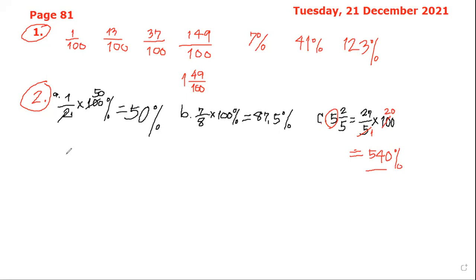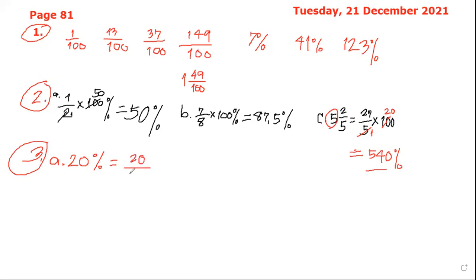So we still have time. We can do number 3. We have 4 minutes left. Change the following percentages to fractions in their lowest term. Letter A, 20%. What is this as a fraction? 20 over 100.